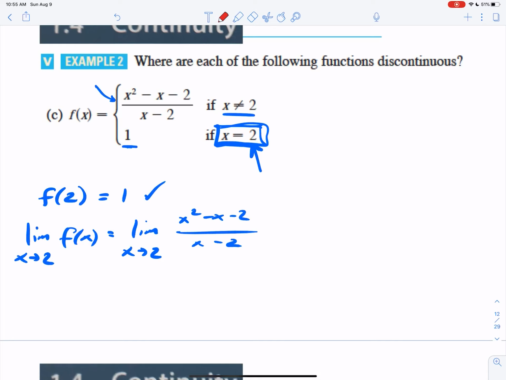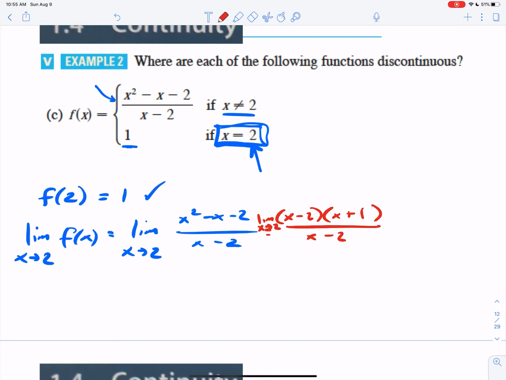I noticed that up top, whenever I see quadratics, I think of this right away: can I factor it? And in this case, you can. I'll give you a second. Play when you're ready. This comes out to x minus 2 times x plus 1. And since I didn't take the limit yet, I'll bring that guy over.